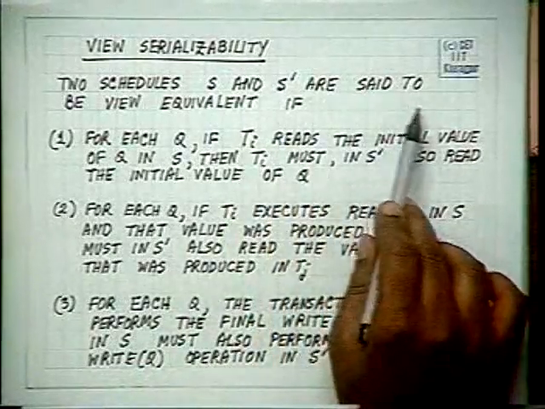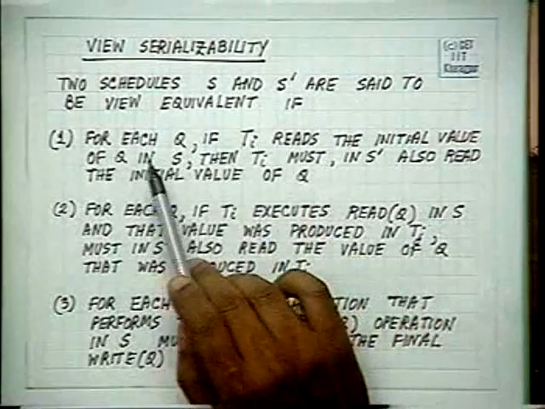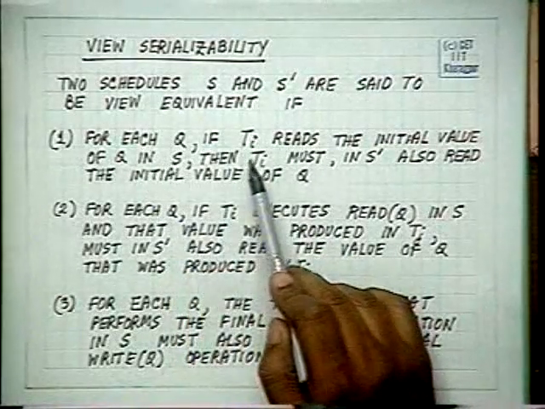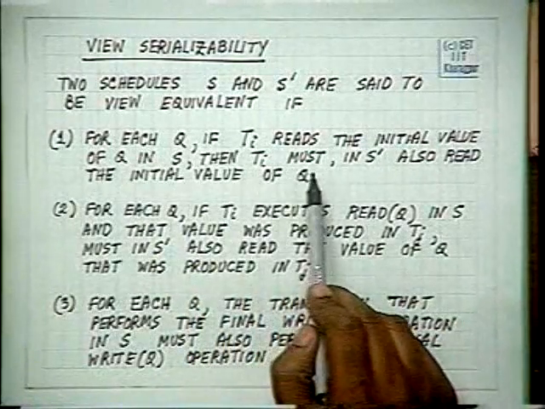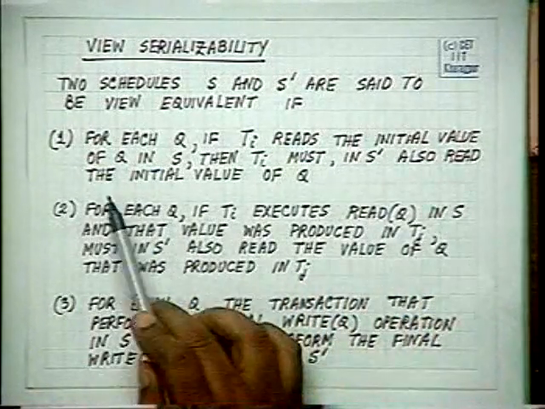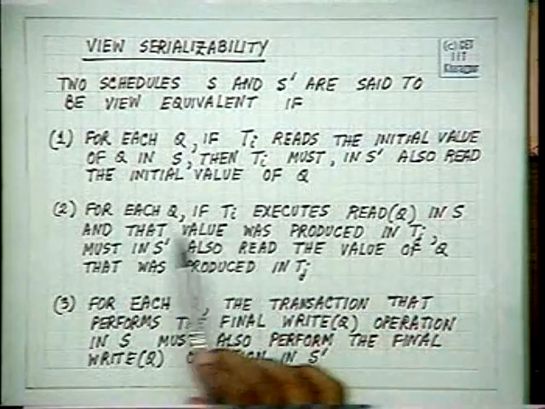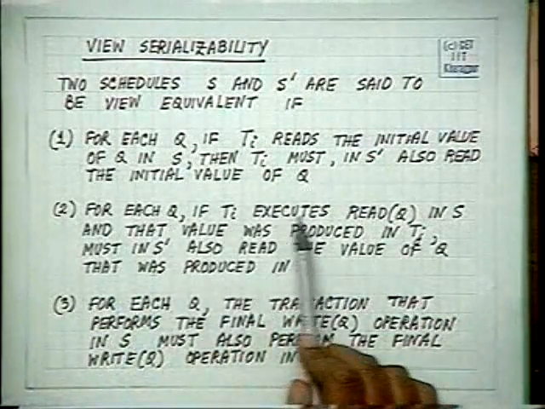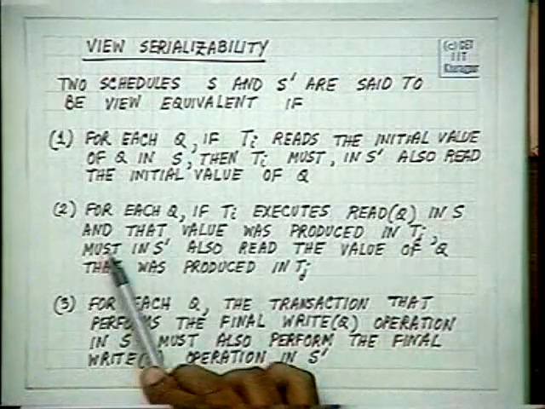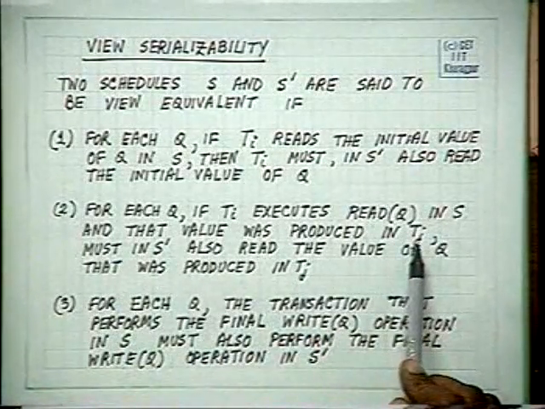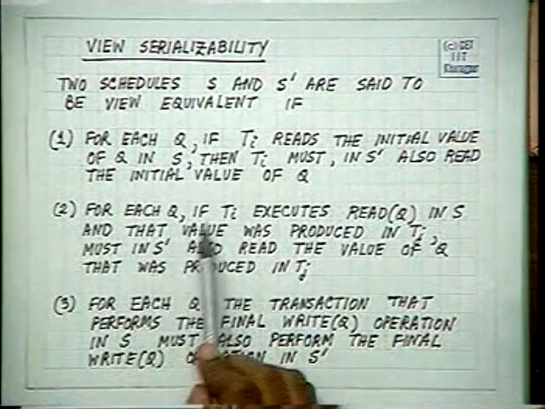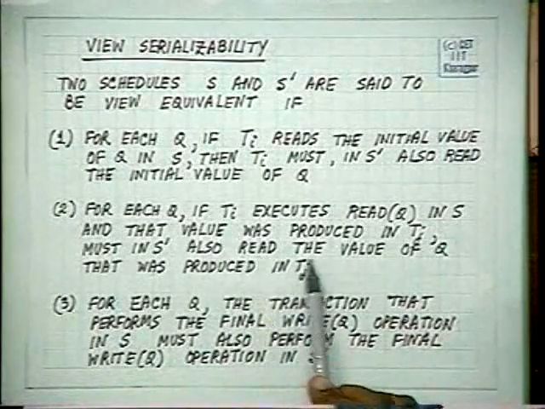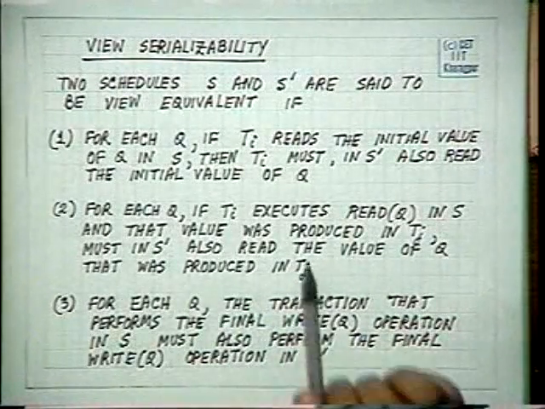And we say two schedules S and S dash are said to be view equivalent if for each Q, if Ti reads the initial value of Q in S, then Ti must in the new schedule S dash also read the initial value of Q. For each Q, if Ti executes read Q in S and that value was produced in a transaction Tj, then in S dash Ti must read the value of Q that was produced in Tj.